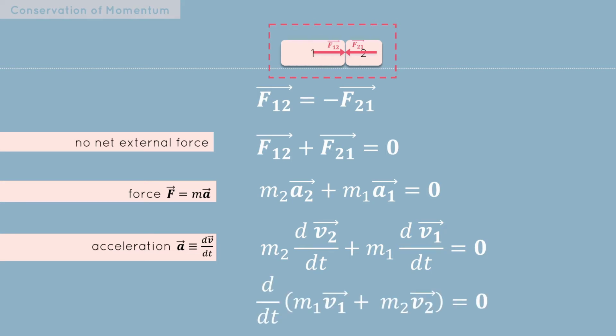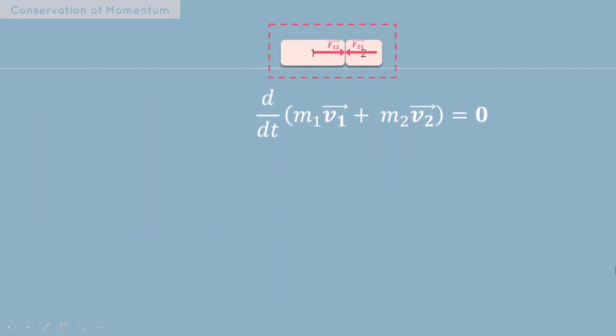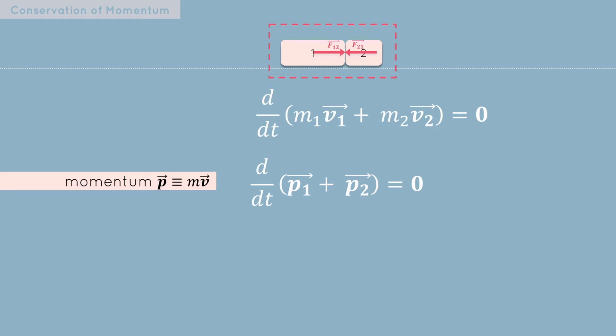Doing a bit of manipulation, since M1 and M2 are both constants, they can be brought inside, and we can combine the two terms, since it's both d/dt, and we will get this expression. So we know that momentum, which is given the symbol P, momentum is mass times velocity.